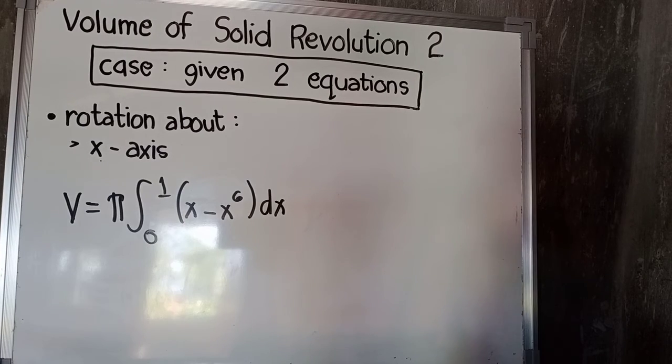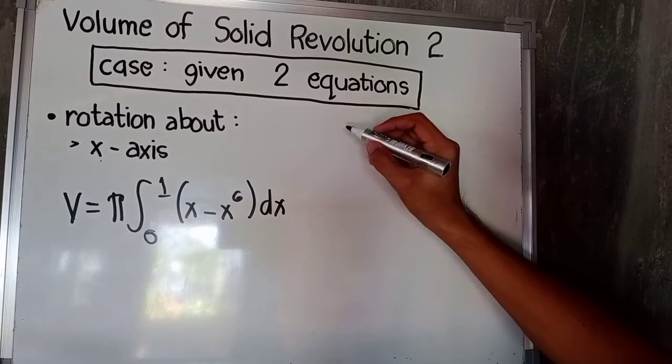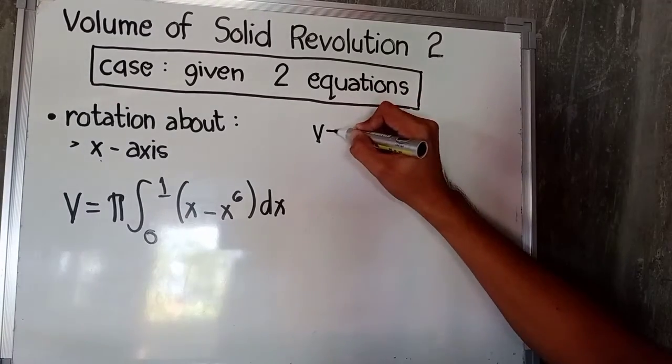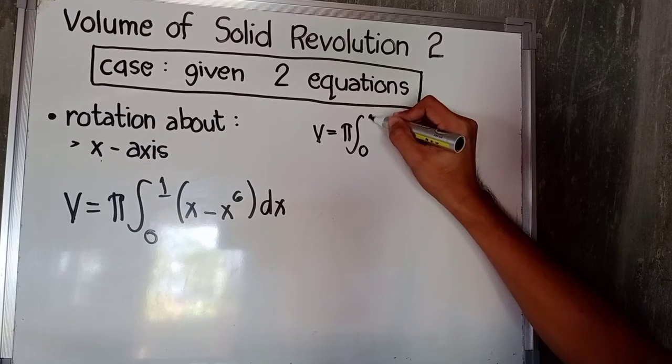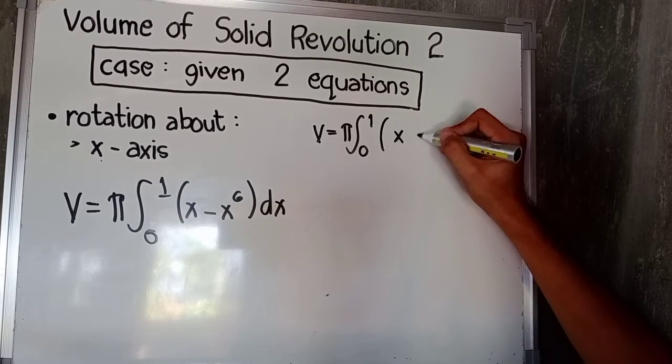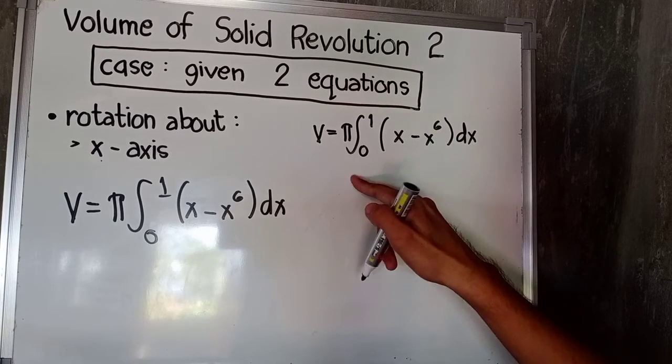Integrate na natin yung ating nakuhang formula and ating working equation. So, that is volume is equal to pi of our x minus x raised to 6 dx from 0 to 1.